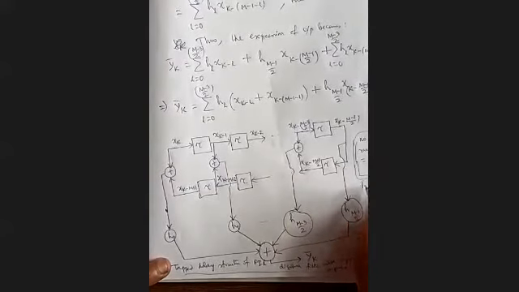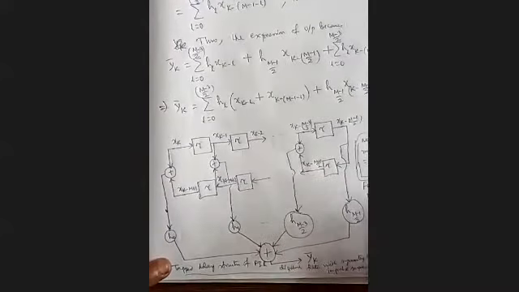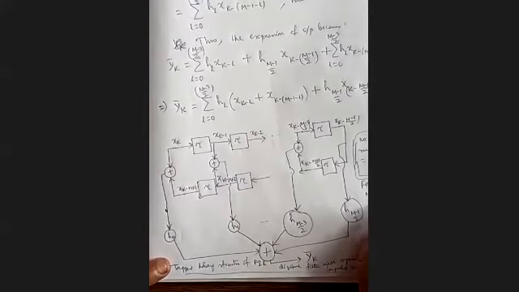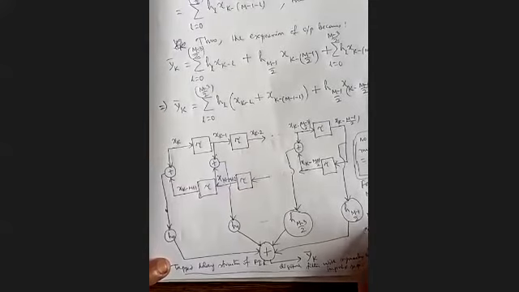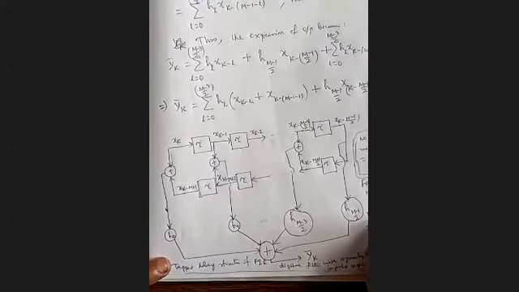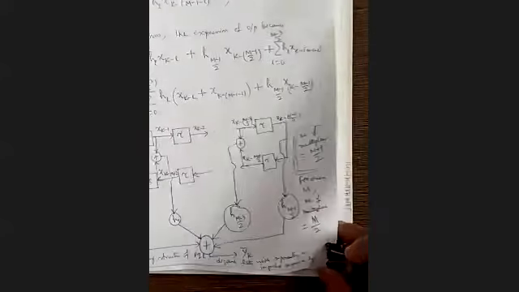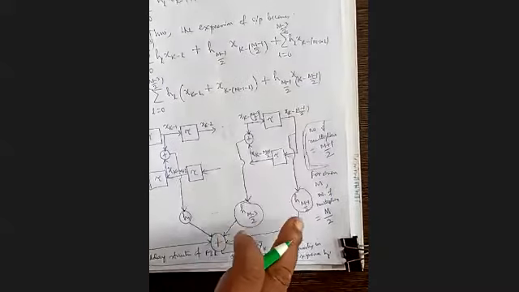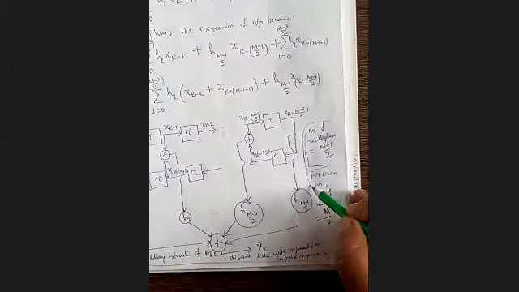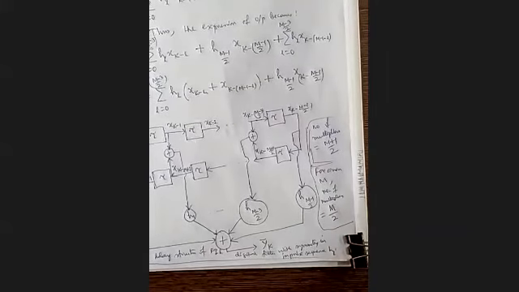Now for even m, if m is even, the number of multipliers is m by 2. Sorry, it is not clearly visible. The number of multipliers is m plus 1 by 2 for odd m. For even m, it is m by 2. If you think a little bit, you can check that it will be m by 2.